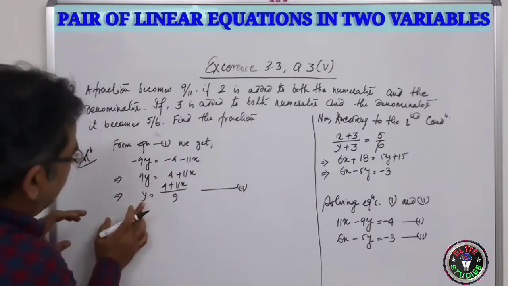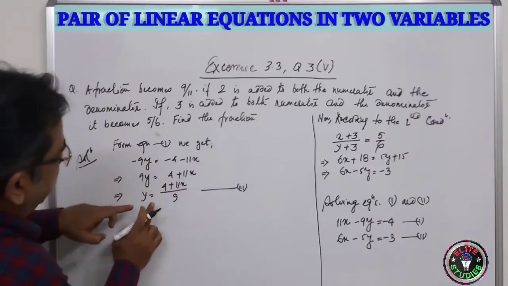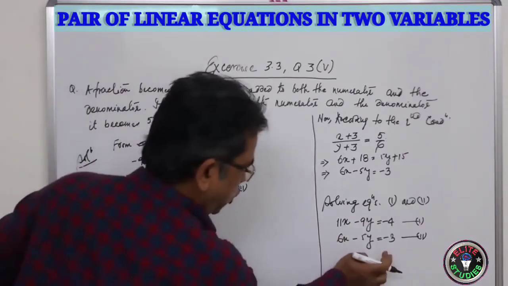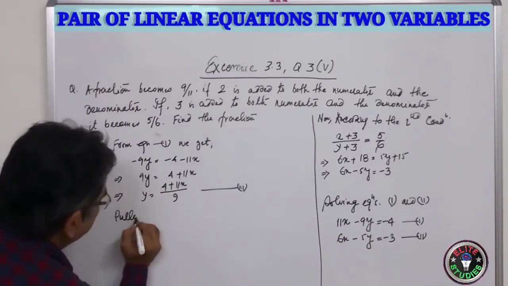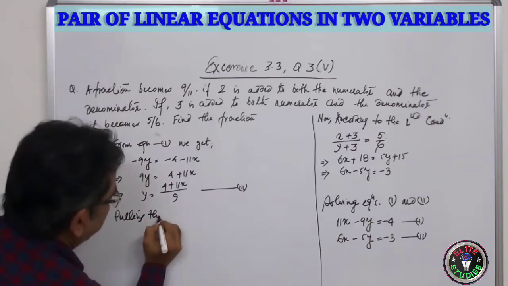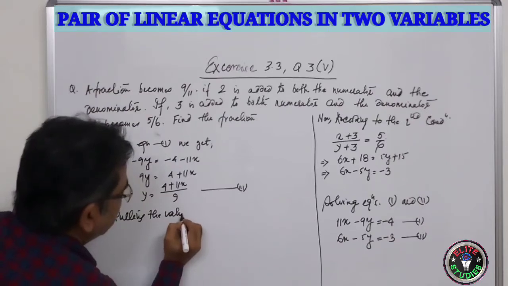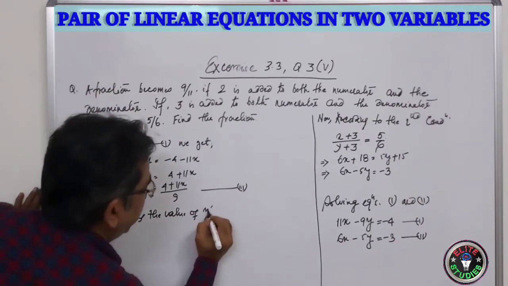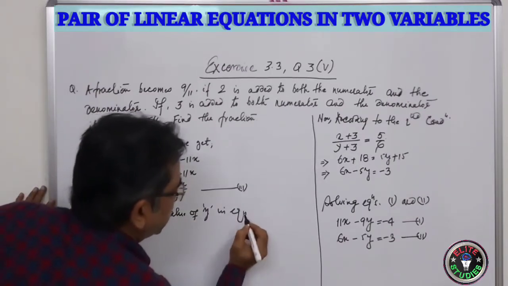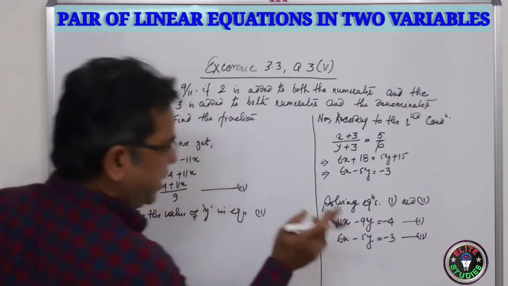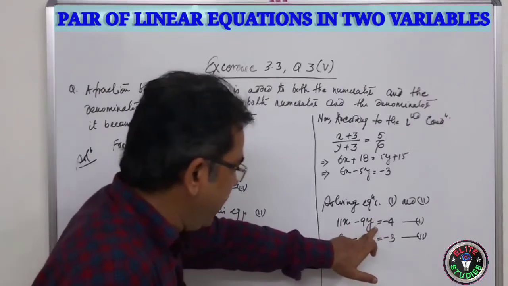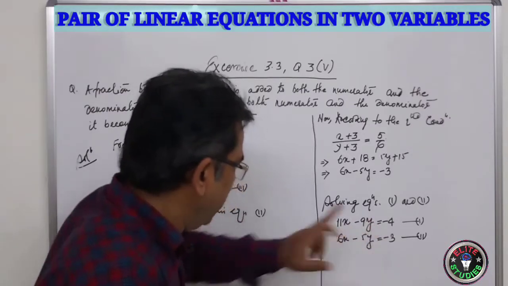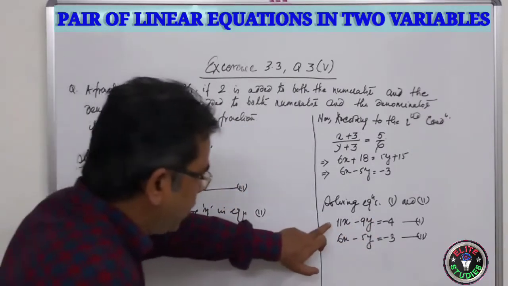We have expressed y in terms of x. Now we will put the value of y from here in equation 2. Putting the value of y in equation 2. Please remember, don't try to put it here, because we have derived y in this form from equation 1.